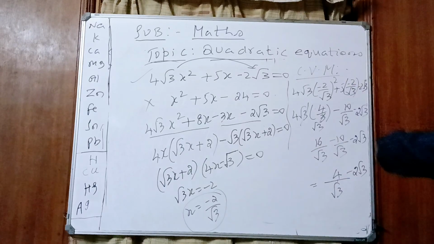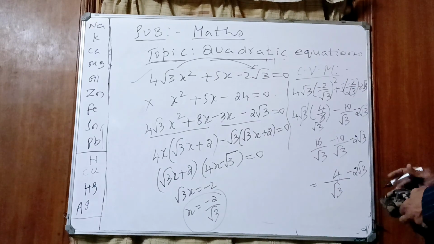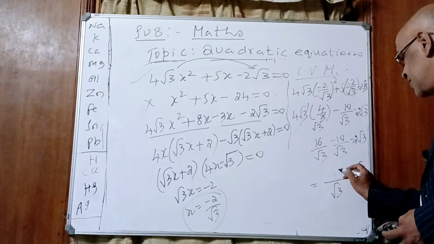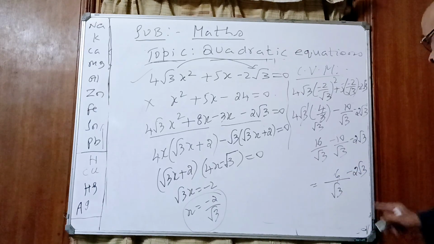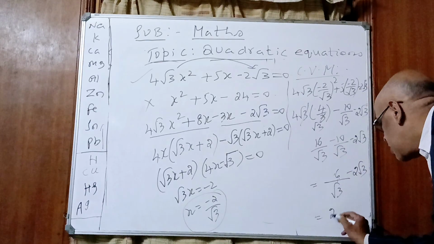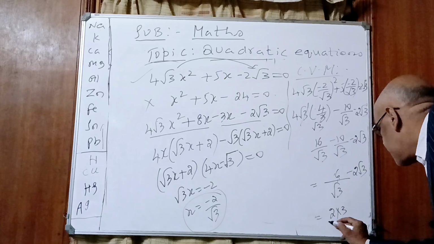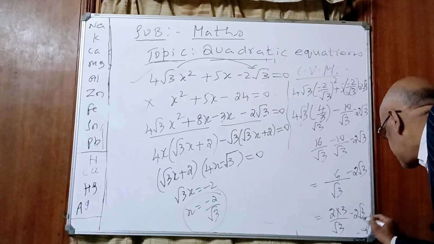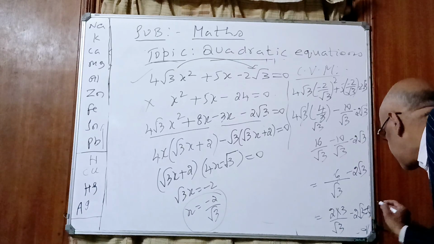I cross-verified where I did the mistake. See, all the difficult part we did, and the silly part I did. 16 minus 10 is what? Not 4, 16 minus 10 is 6. Now write it as 2 into 3 by root 3 minus 2 root 3, which should give us 0.